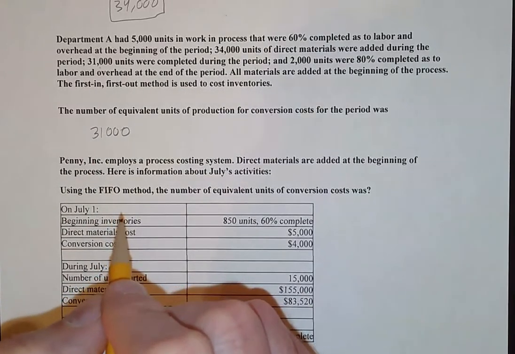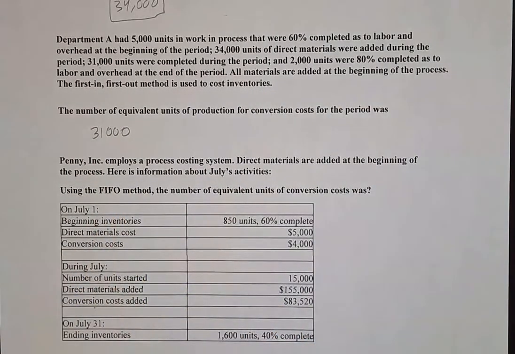Okay. However, do note, remember what we talked about. These 5,000 units right here that were in work in process are a part of this 31,000. Okay. However, we're asking about conversion costs now.